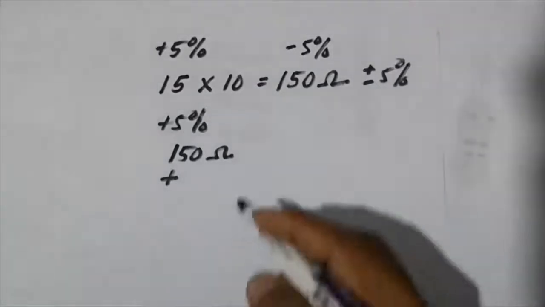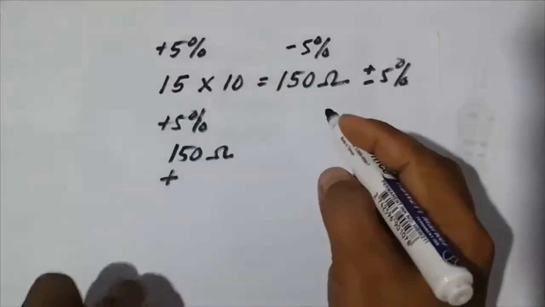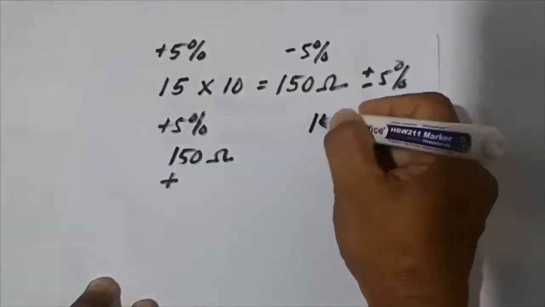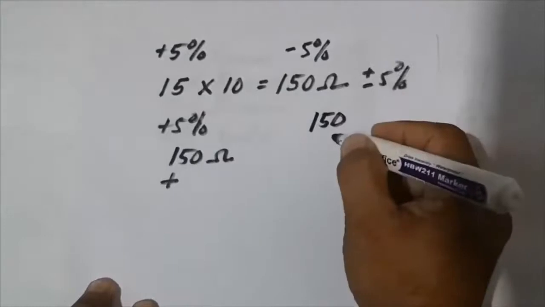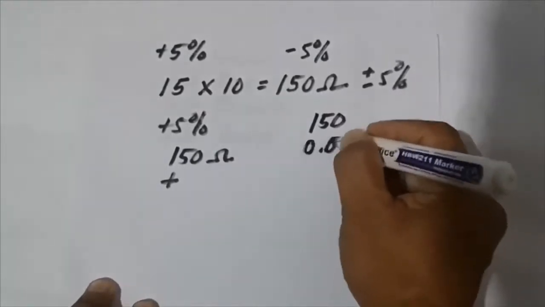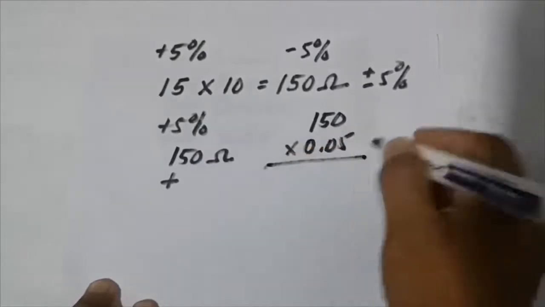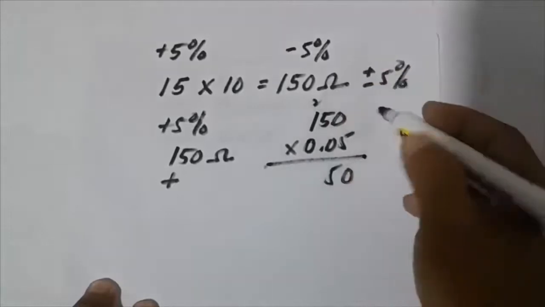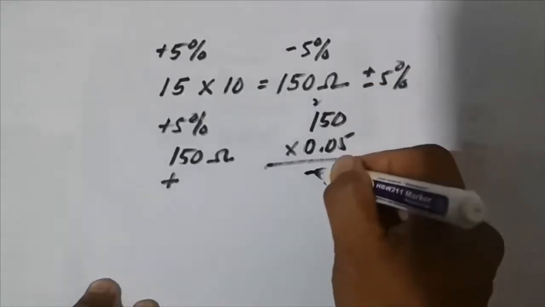So, we have 150 multiplied by 0.05 will give us the equivalent of 7.5 ohms.